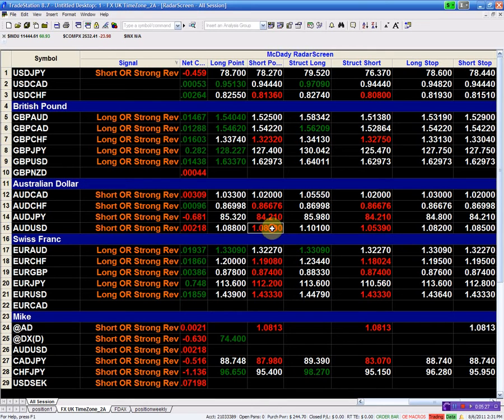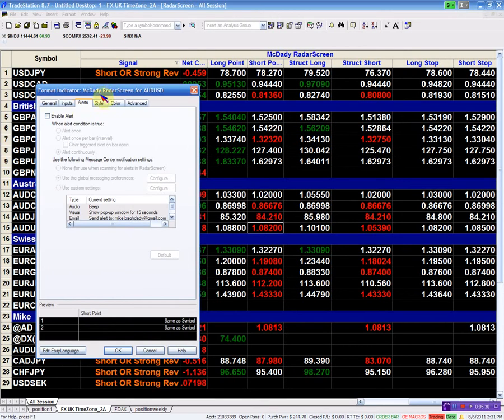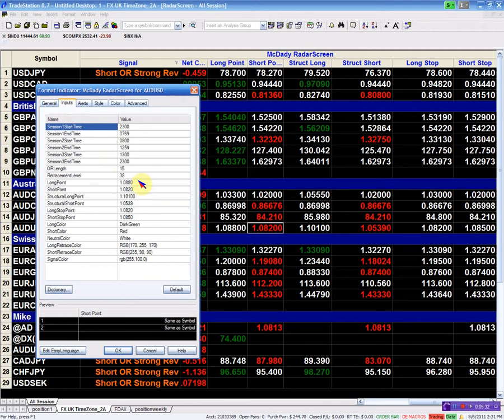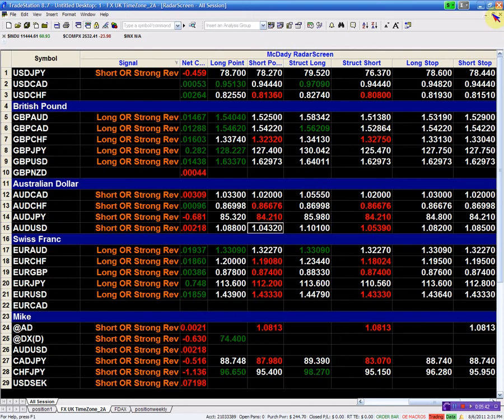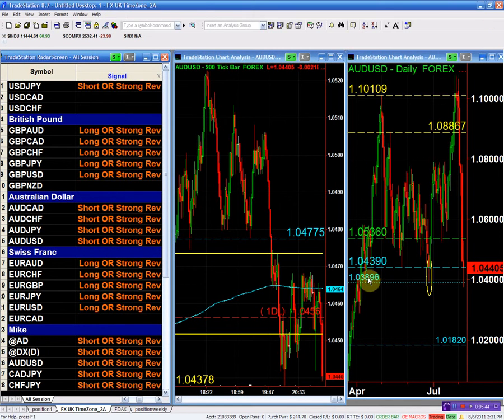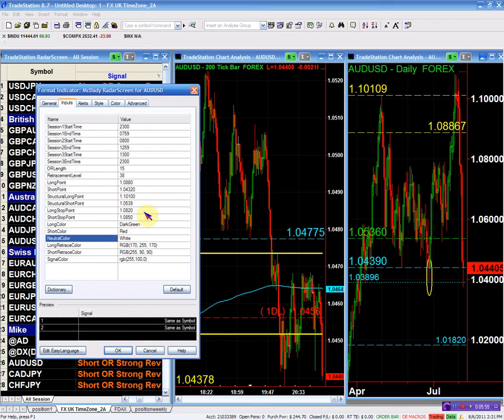So our short point now is going to be 104.32. This is my short point. My structure short is the 103.89, and I want it to go below that. So my structure short is the 103.89.